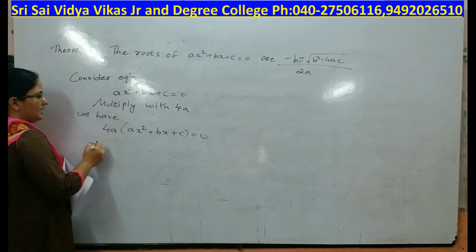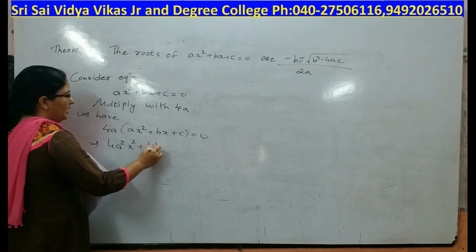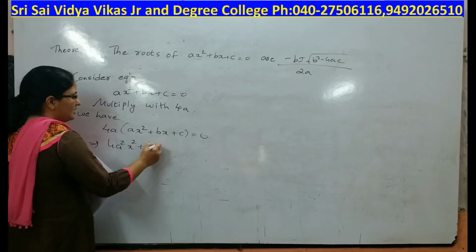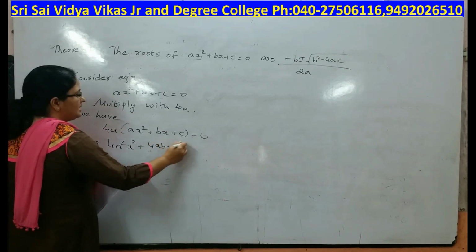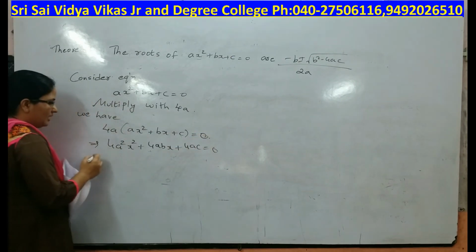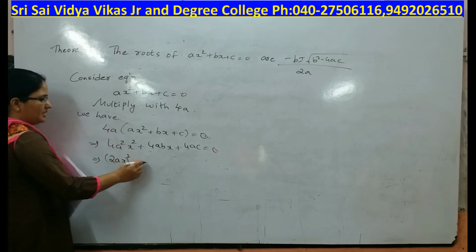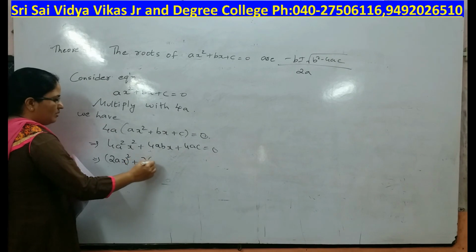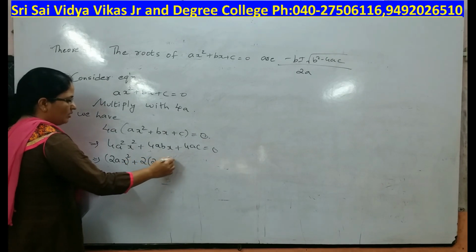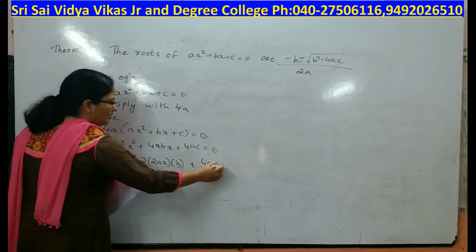Take this 4a inside. You have 4a square x square plus 4abx plus 4ac is equal to 0. Here this can be written as 2ax whole square plus 2 into 2ax into b plus 4ac is equal to 0.